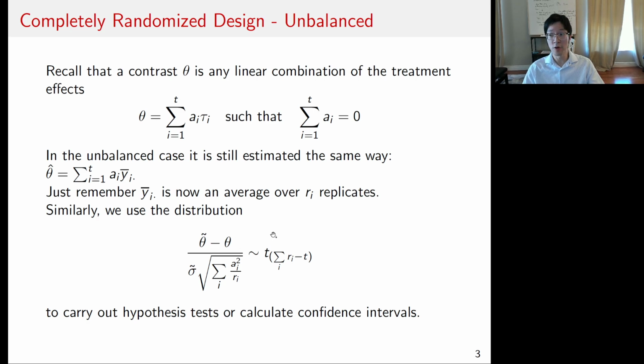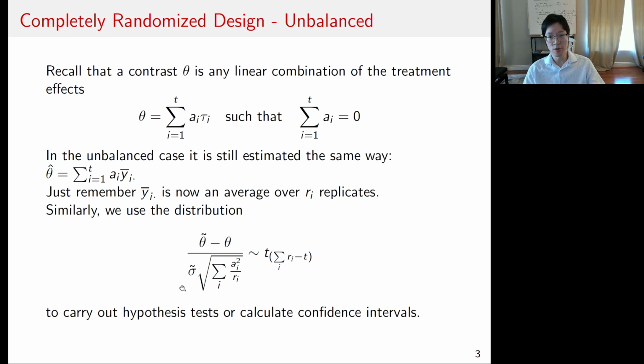Often we're testing whether the contrast is 0 or not, so often we're going to be plugging in 0 here, and then we use the formula for the contrast estimate to fill in the numerator. You plug in theta hat to get the estimate of the contrast, and in the denominator is the standard error of the contrast.